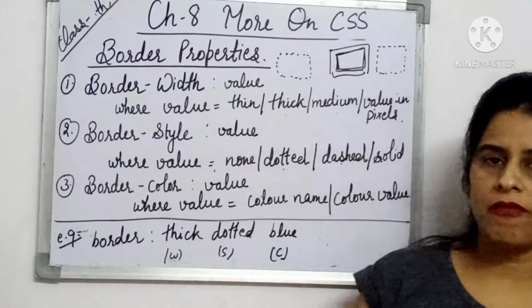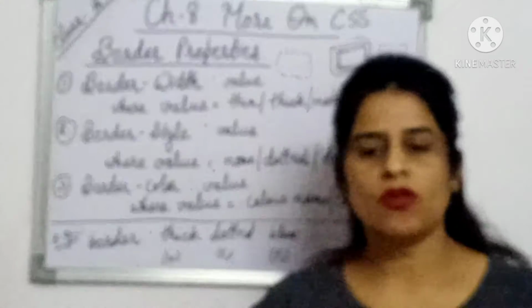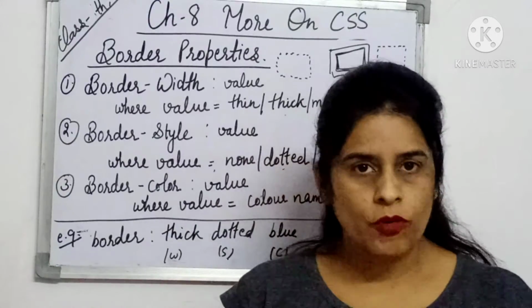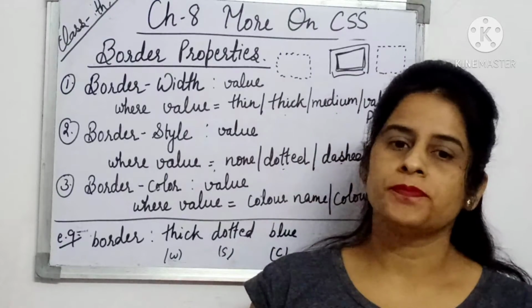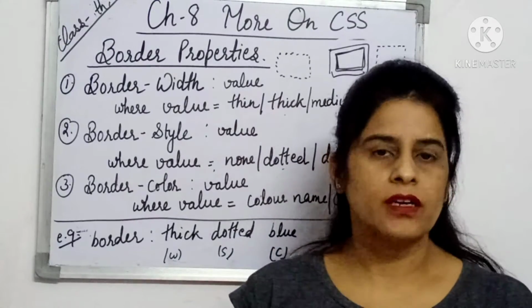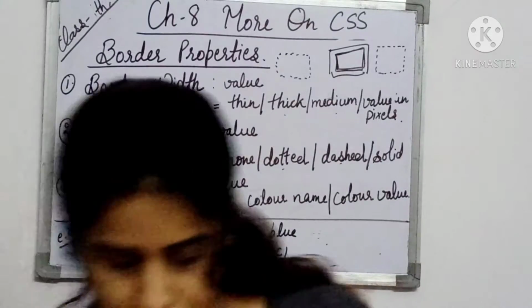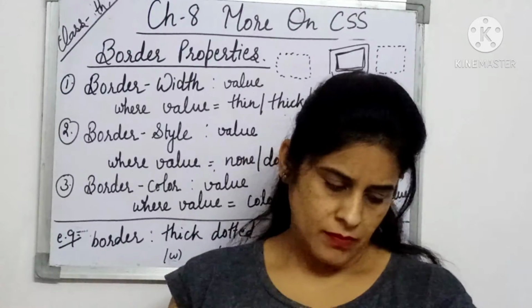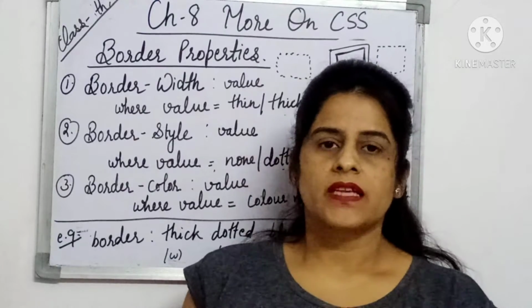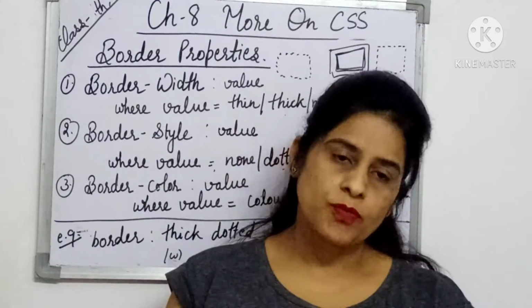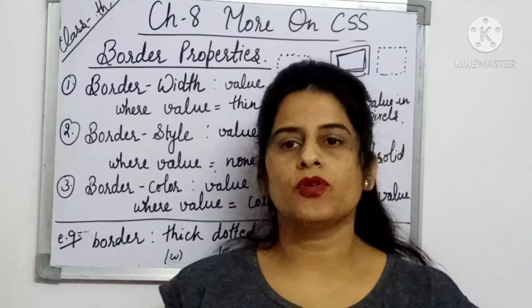So today we have covered the properties of cascading style sheets, which you can use for your fonts, which you can use to give the border, and third we have used the margin properties. And in my previous video we discussed the text properties that you can apply to your paragraph.